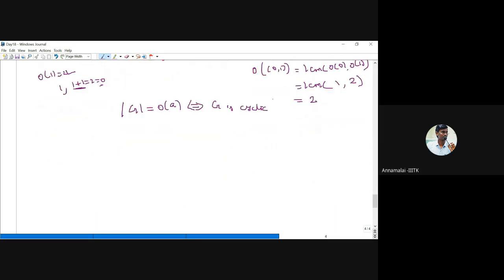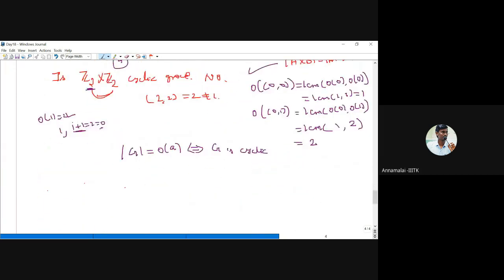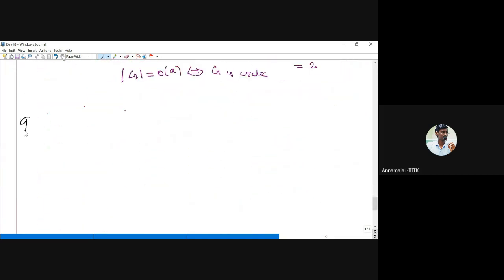Now, if you take the next example, Z2 cross Z3, this is cyclic. Actually, this is isomorphic to Z6, and this is one more very important result. If we take Zn cross Zm, this is isomorphic to Z suffix nm if and only if the GCD of n and m is 1.